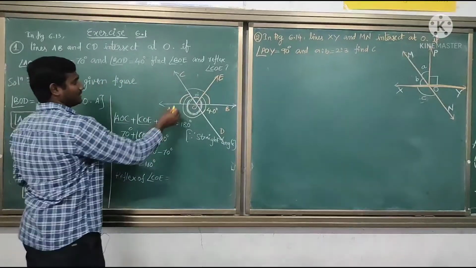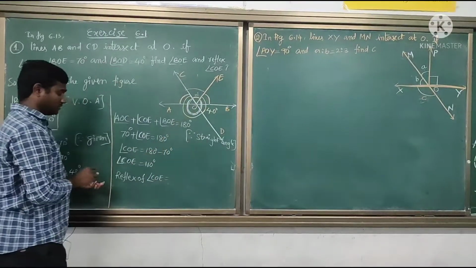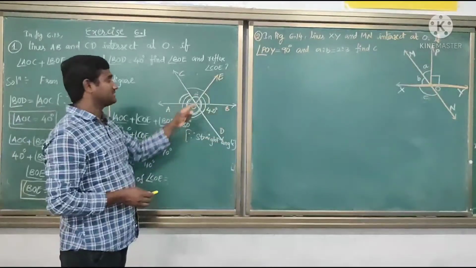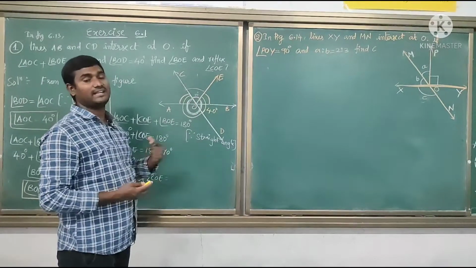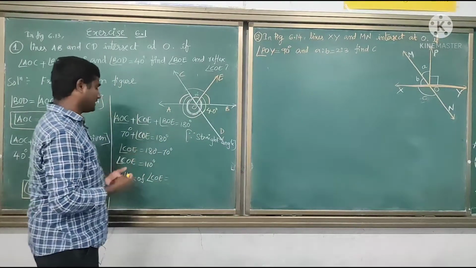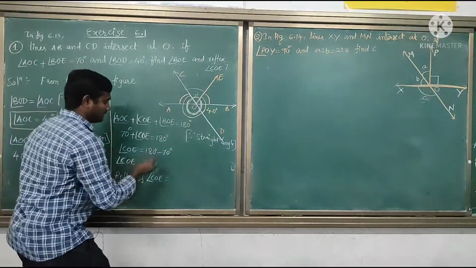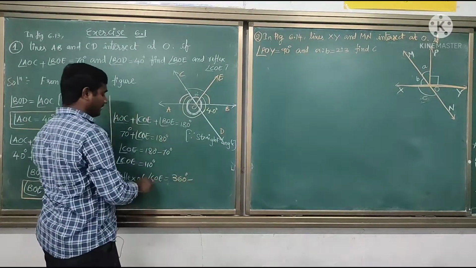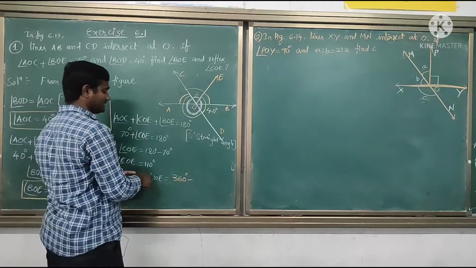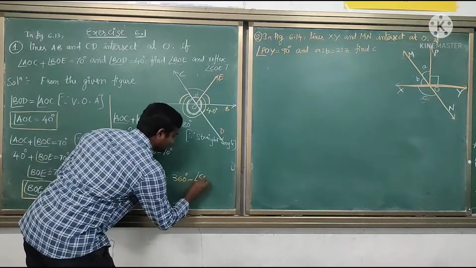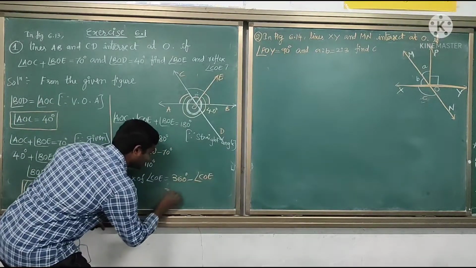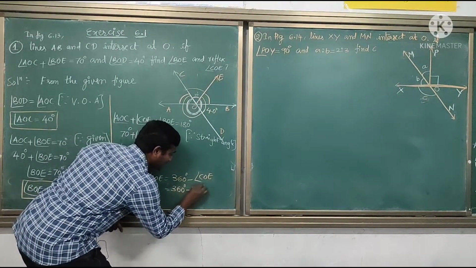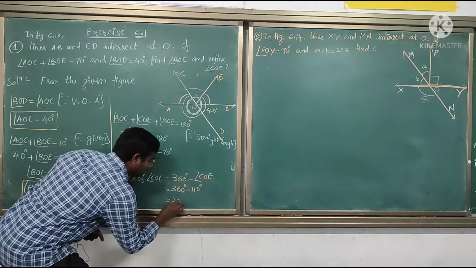The reflex of COE equals the complete angle minus this COE, that is 360 minus 110 degrees. The complete angle measures 360 degrees, so reflex angle equals 360 minus angle COE, and COE is 110 degrees. 360 minus 110 degrees equals 250 degrees.